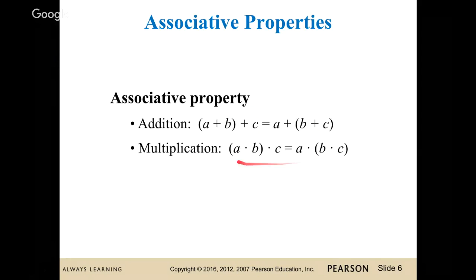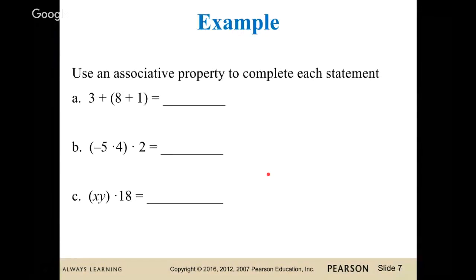It's the same kind of deal that you have up here. If you have 1 plus 2 plus 3, it's the same as saying 1 plus the quantity 2 plus 3. So if you have these examples, you can rewrite them using the associative property. 3 plus 8 plus 1 could be paired up as 3 plus the quantity 8 plus 1.